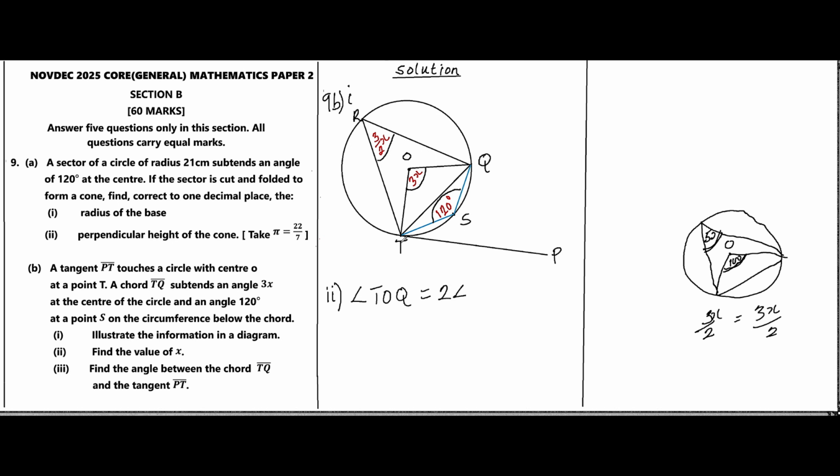So we can say angle TRQ. And the reason is that the angle at the center is twice the angle at the circumference.